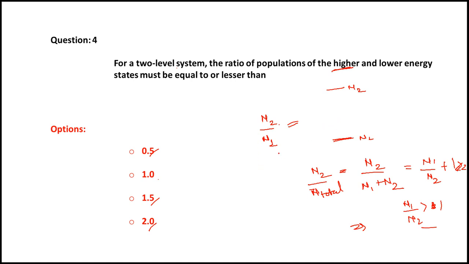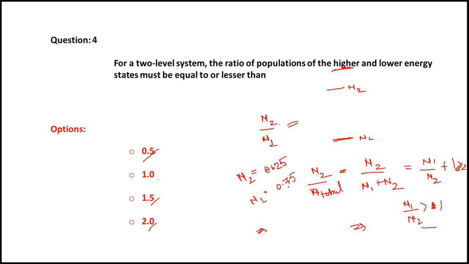So if N2 is less than N1, then it should be equal to or less than 0.5? If I take N2 as 0.49 and N1 as 0.51, we get some value more than 0.5.